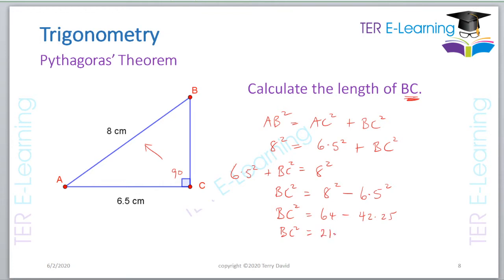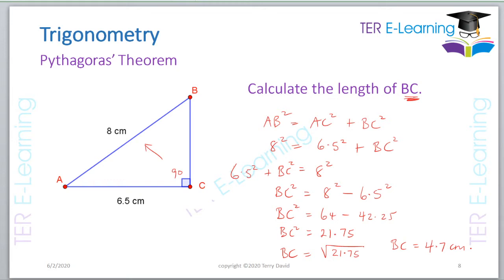And therefore BC is equal to the square root of 21.75. Use your calculator for this part, and you're going to get 4.7 centimeters. So your length in this particular case is 4.7 centimeters.